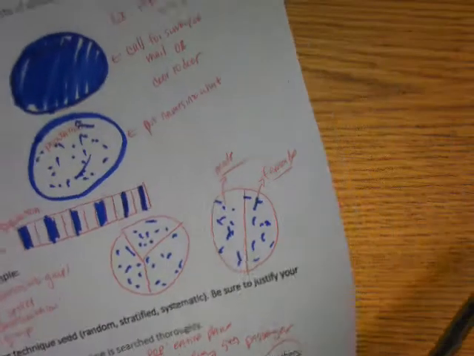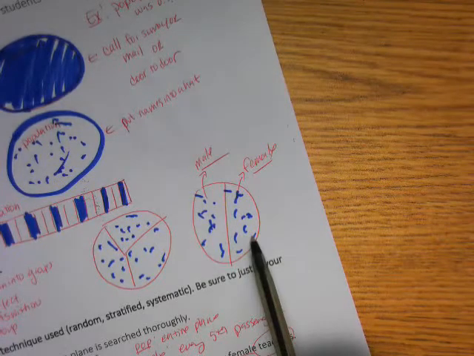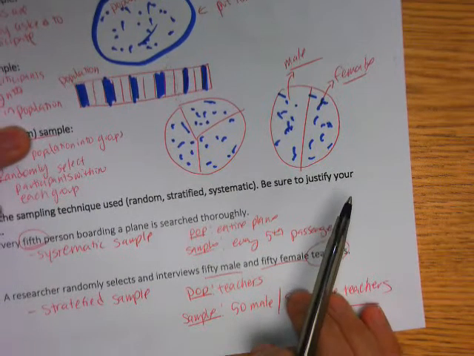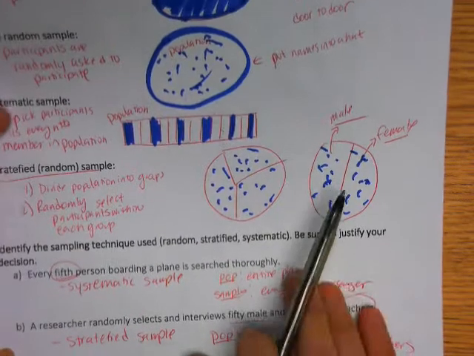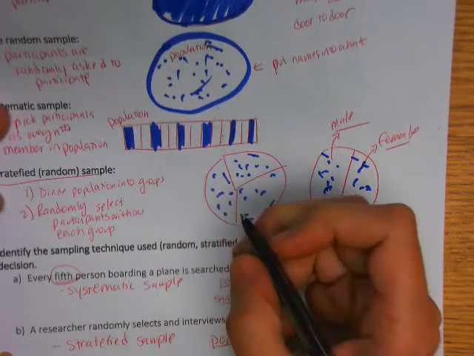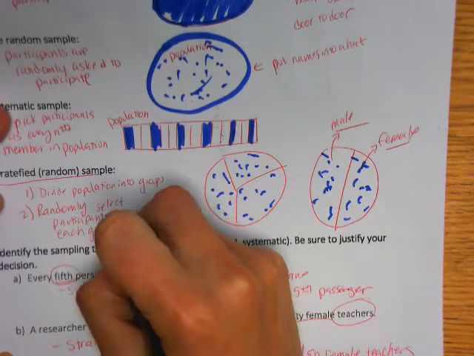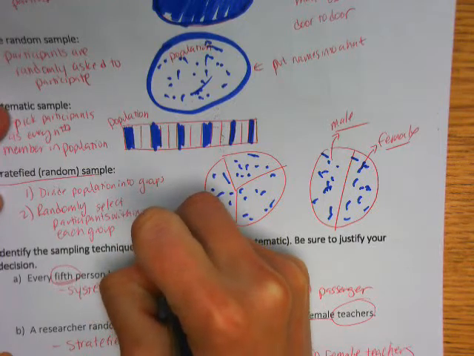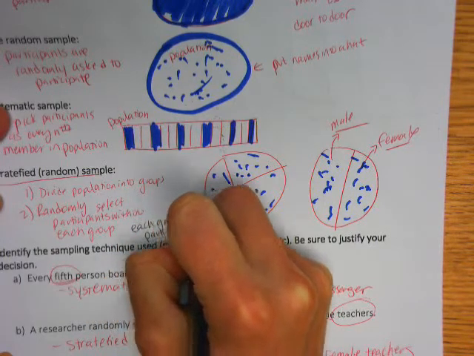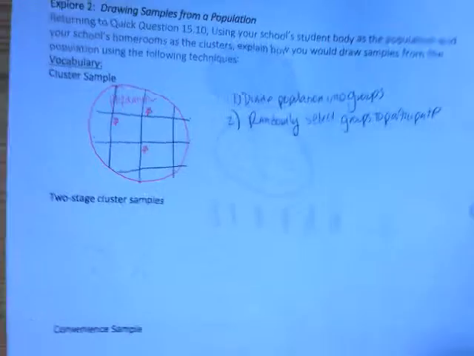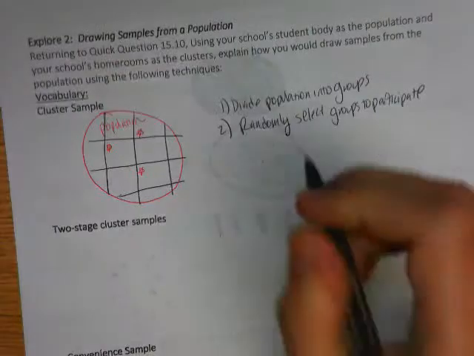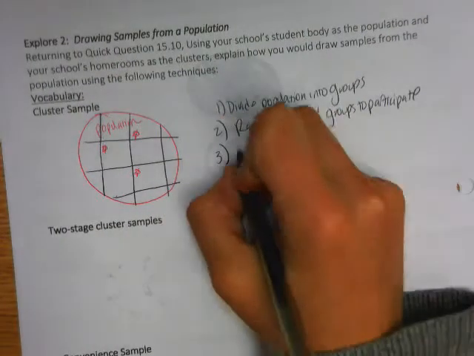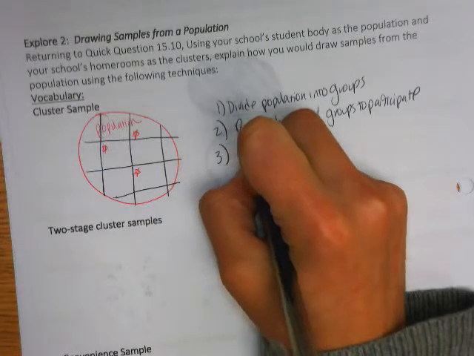As a side note, this is very similar to the stratified. However, with the stratified, all groups participate. Okay, so how about I make a note of that? Under stratified, each group participates. But here, only a random number of them participate.